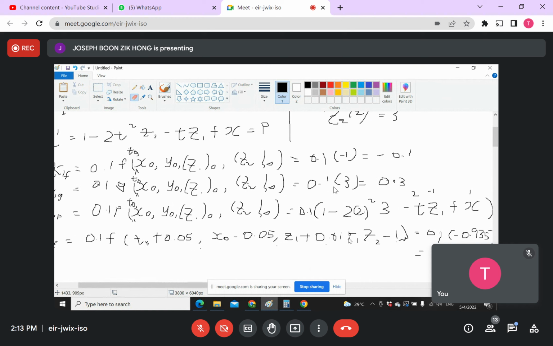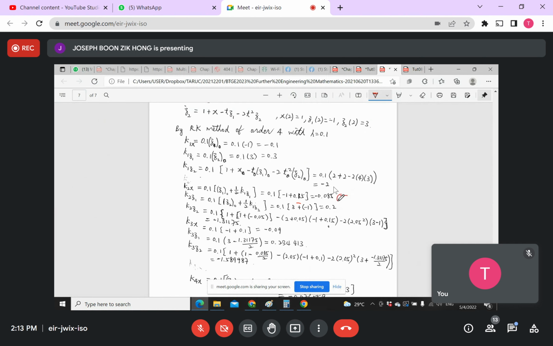This one should be 0.3 divided by 2, which is 0.15, my mistake. So it should be -1 plus 0.15, so negative 0.85. My mistake, so sorry. So at last I will get negative 0.085. So this one is for my K2X.